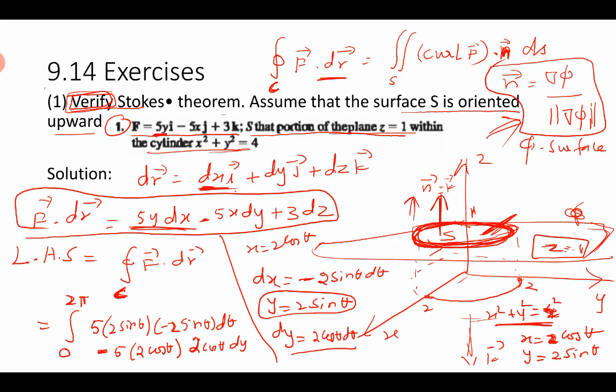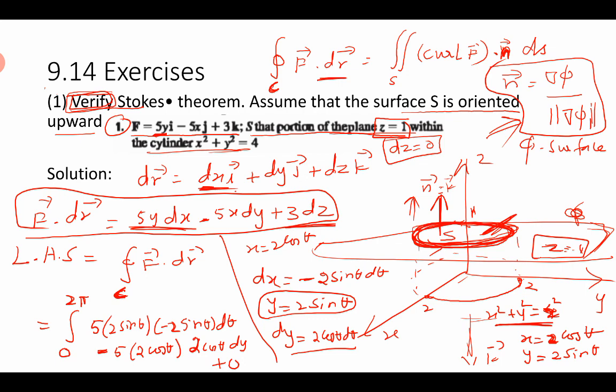Finally, one more term, 3 times dz. What is z given here? z is equal to 1, so dz will be 0, and the third part will be 0.